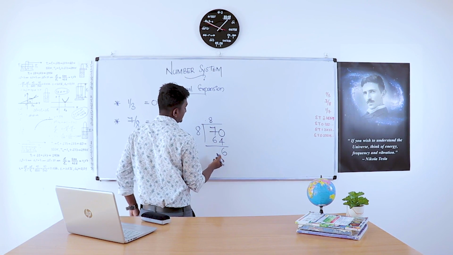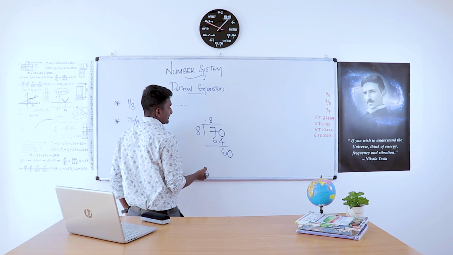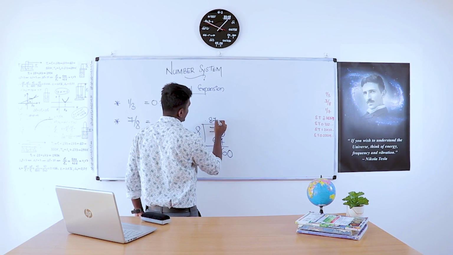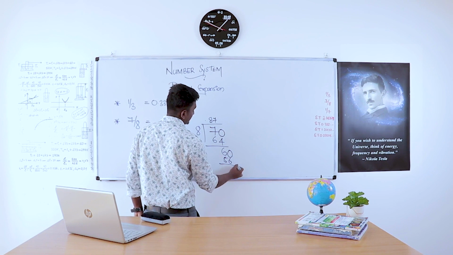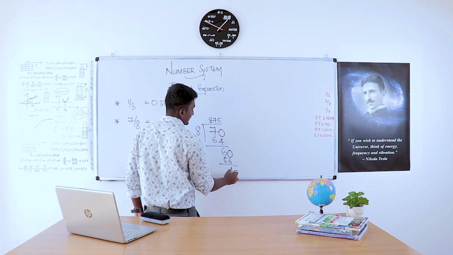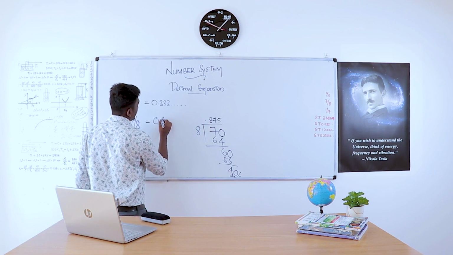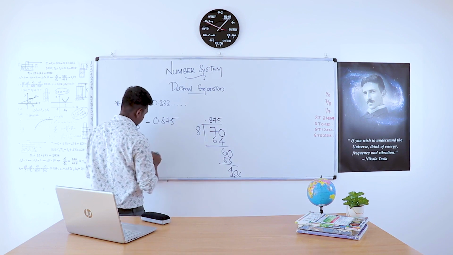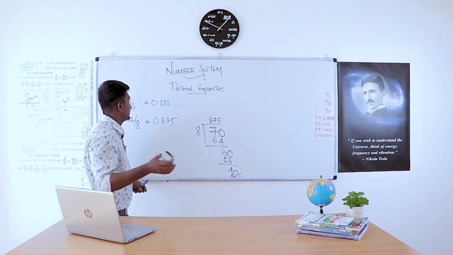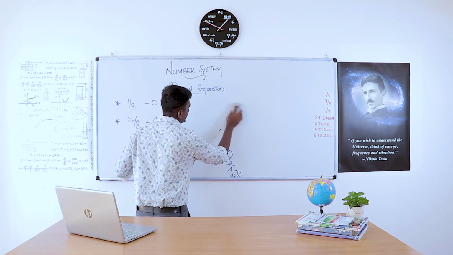Remainder 6 becomes 60. 8 into 7, 56. Then remainder 4, it becomes 40. 8 into 5, 40. Remainder 0. That is 0.875. So the decimal expansion of 7 by 8 is 0.875.